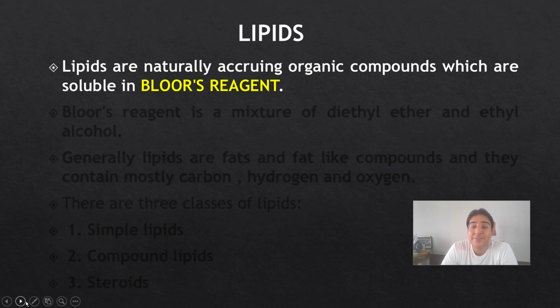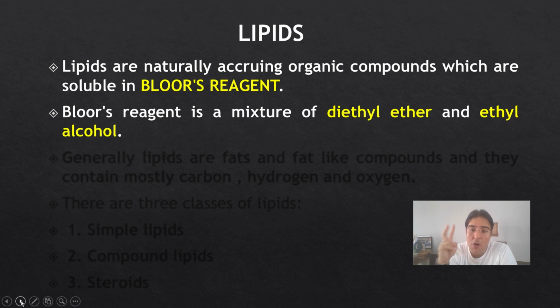Now, what is Bloor's reagent? Because fats and lipids were very strong and they could not dissolve in any single organic compound. So Bloor used two strong organic solvents, diethyl ether and ethyl alcohol. Okay, this is a very strong combination of solvent.